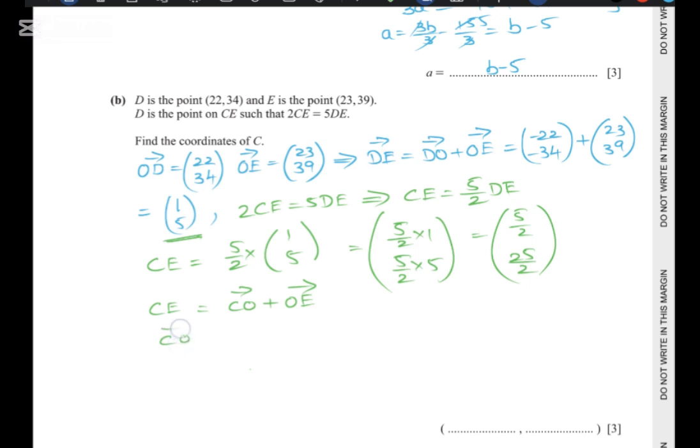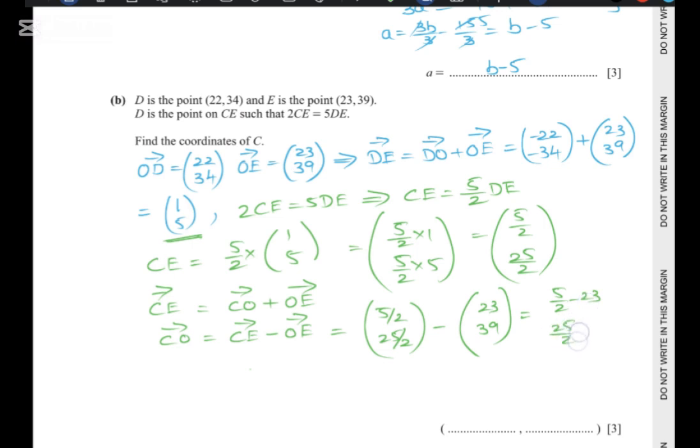Therefore CO will be CE minus OE. Taking this CE we got (5 by 2, 25 by 2), CE minus what is OE? OE is (23, 39). Find out 5 by 2 minus 23, 25 by 2 minus 39.